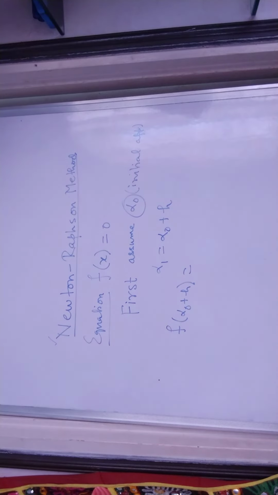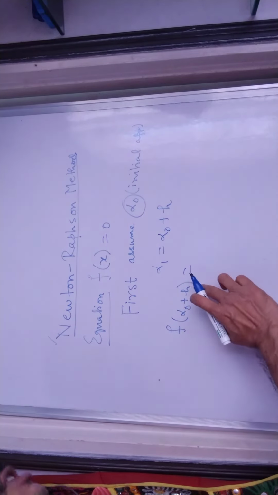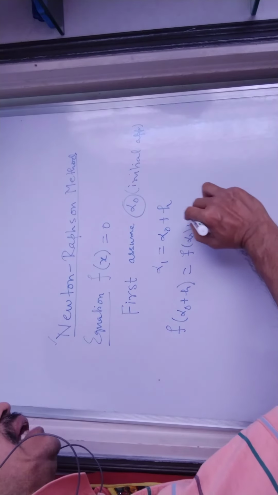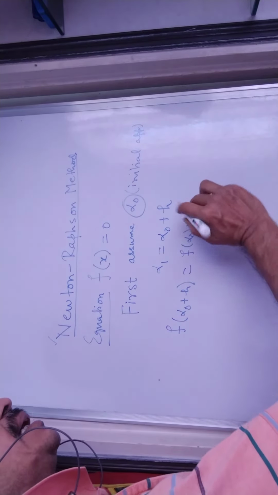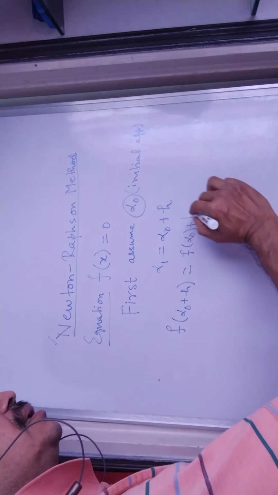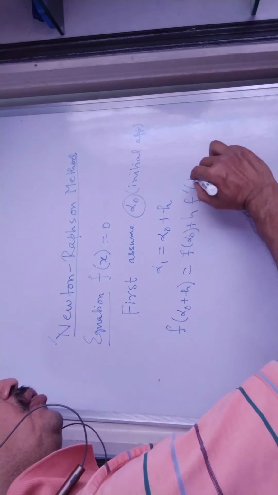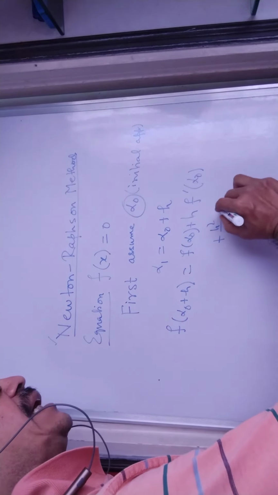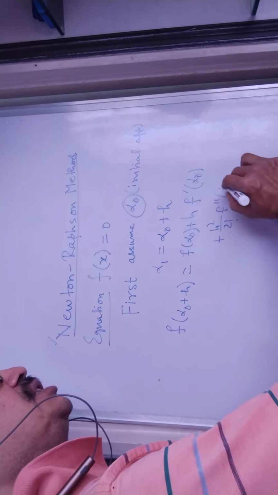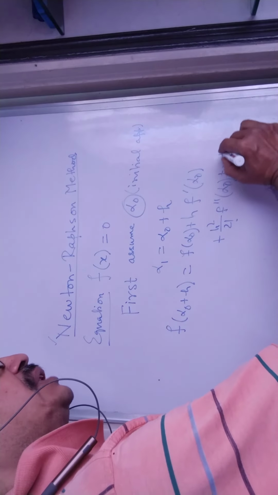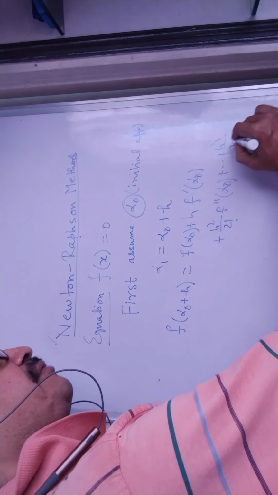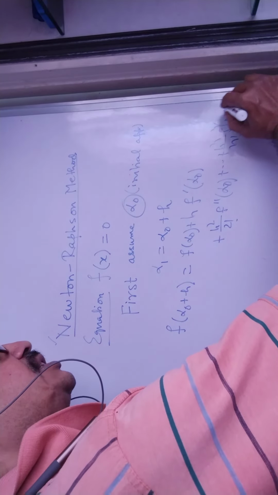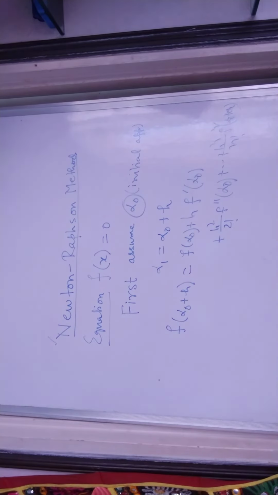What is the Taylor series expansion of f of alpha 0 plus h? We know that it is f alpha 0 plus h f prime alpha 0 plus h square by factorial 2 f double prime alpha 0 and so on, with the last term as h to the power n by factorial n f n of alpha 0 plus theta h, where theta lies between 0 and 1.